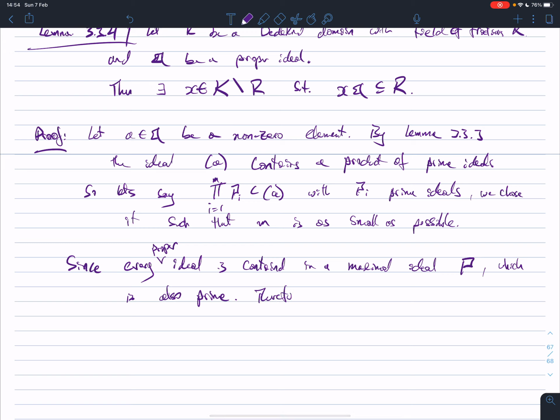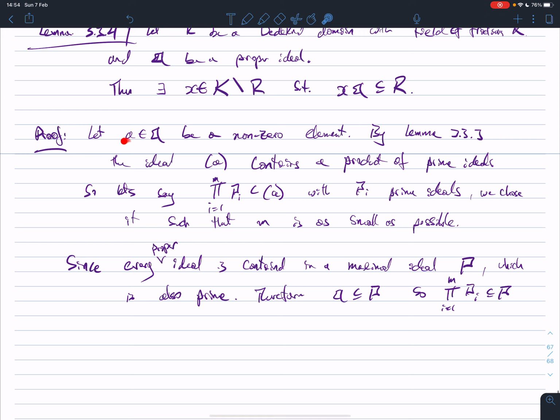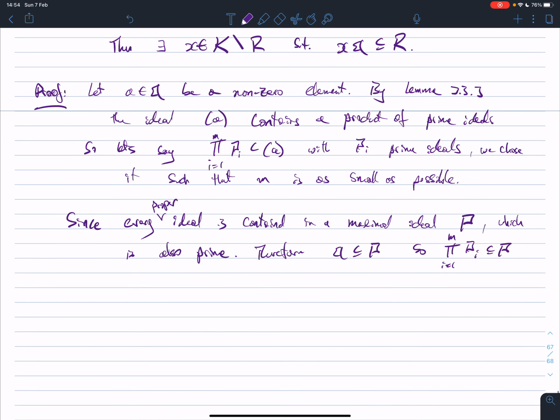Therefore, what do we have? We have A is contained in my ideal P. So my product of ideals, the product from i equals 1 to m of P_i, is also contained in this ideal P, because I said A is an element of A, so the ideal generated by A is contained in A. So this product is contained in this ideal A, and now this product must be contained in the maximal ideal that contains all of this stuff.